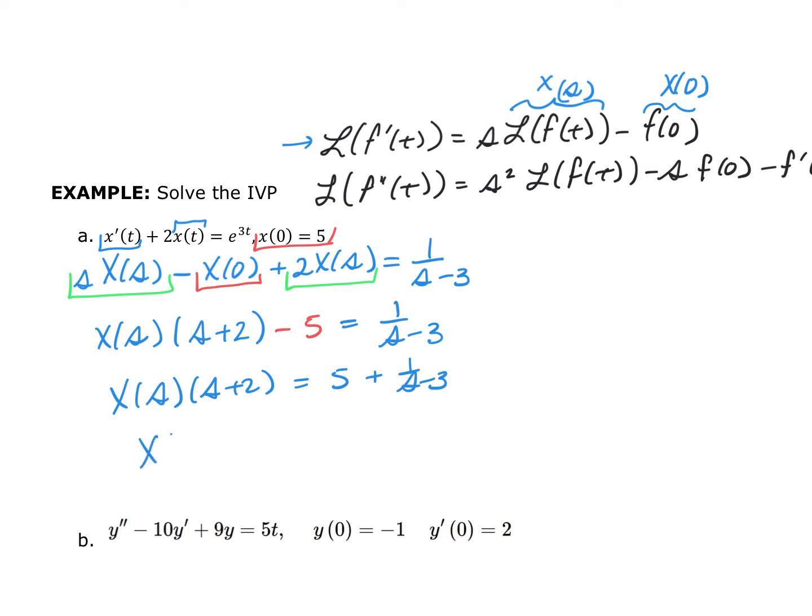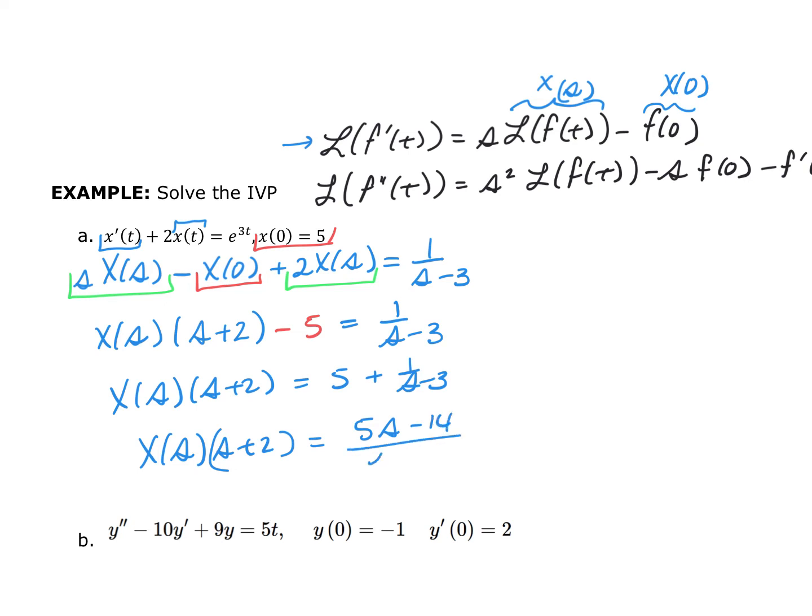So cap X of s, s plus 2, is equal to, and then on the other side, I'm going to multiply both the numerator and denominator of 5 by s minus 3. So I'm going to have 5s. And then I'm going to have 5 times 3 is 15 minus 1, so 14.